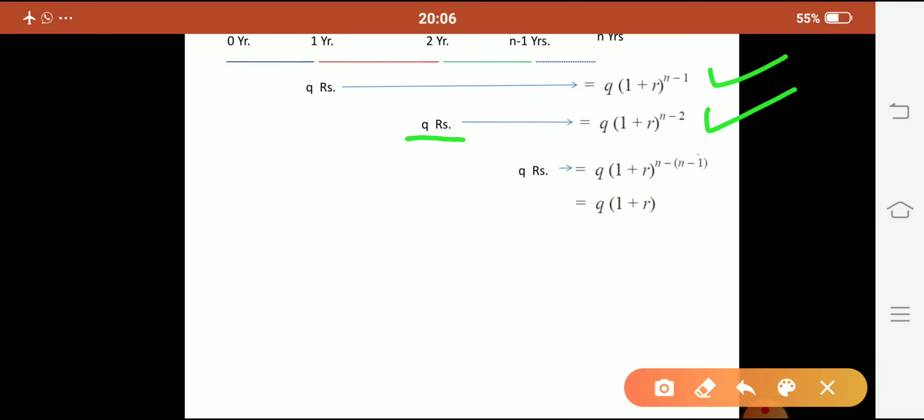So this is the amount which becomes at the end of n years. Similarly, this amount becomes the amount when we deposited Q amount at the end of n minus 1 year. So this is the total amount which will be collected at the end of n years.